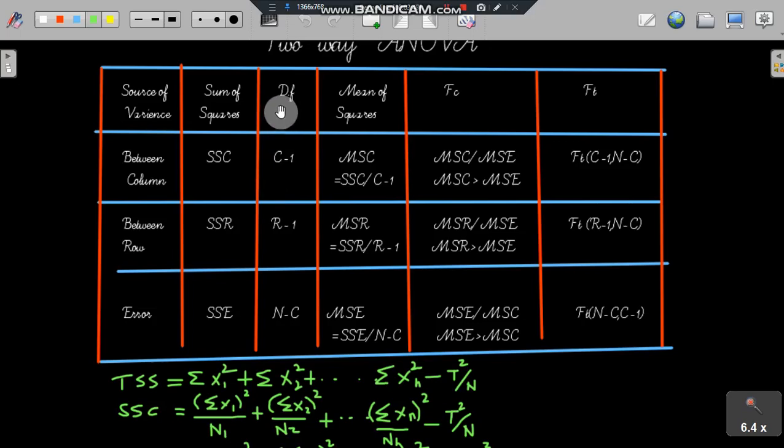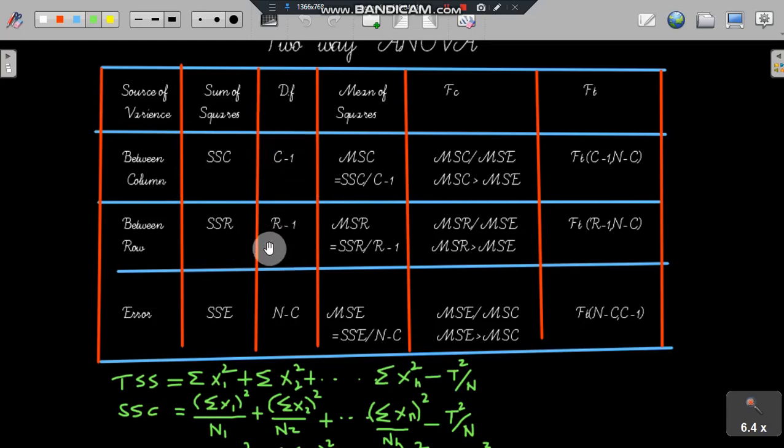Coming to the third column, degrees of freedom. For SSC, between the columns, the degrees of freedom is c minus 1, where c is the number of columns.